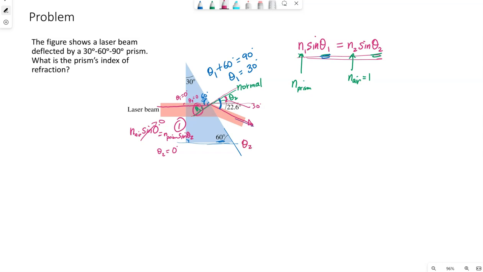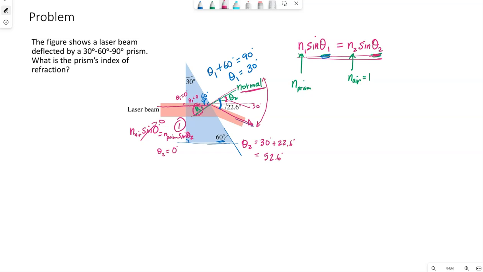So theta 2 is the 30 plus the 22.6 degrees, so 52.6 degrees. Again, theta 2 is the angle between the normal line, meaning the line hitting the surface at 90 degrees, and the light ray, so all the way down to here.